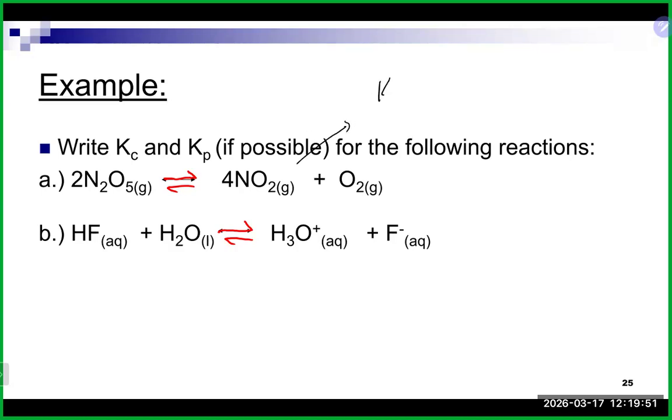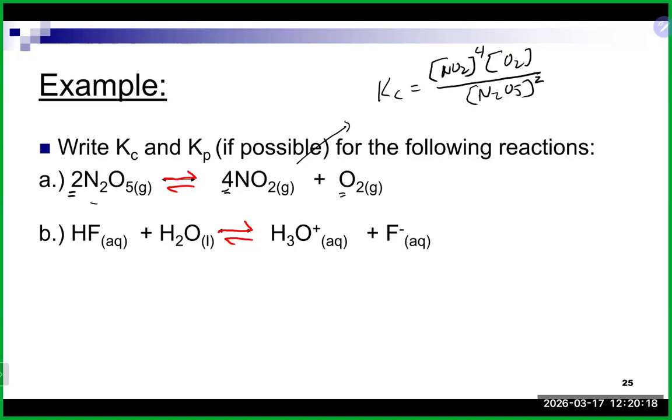We'll do our Kc, and that would be the concentration of NO2. Once again, there is a 4 here, so we do need to take it to the 4th power. We're going to times it by our other product, which is our O2. That will be divided by our reactant, which is the concentration of N2O5. Once again, it does have a coefficient of 2, so we do need to square it in that case.